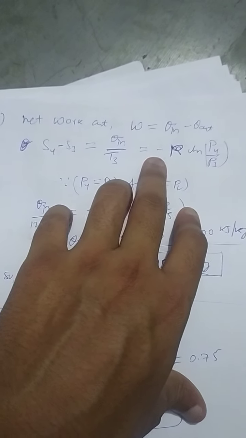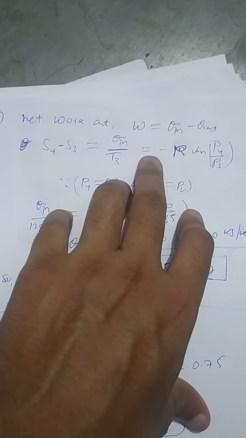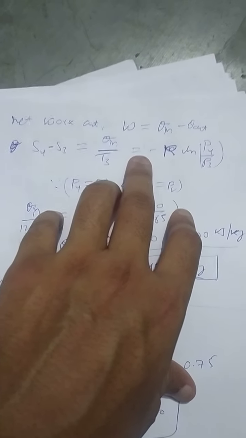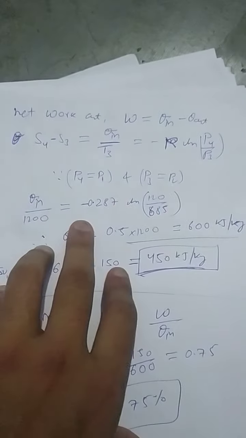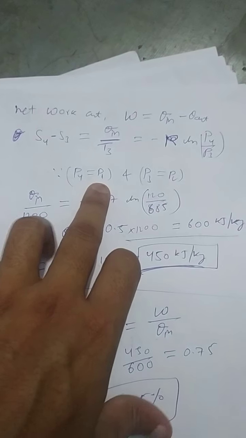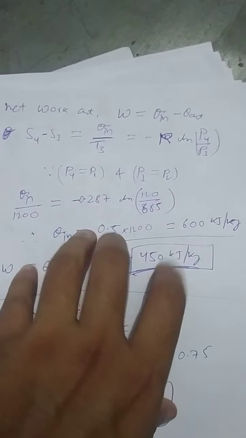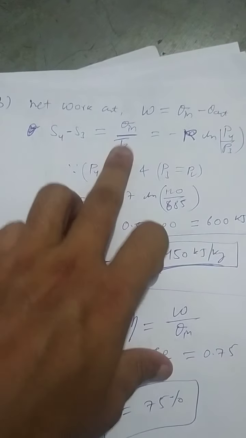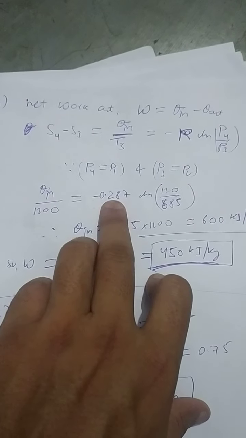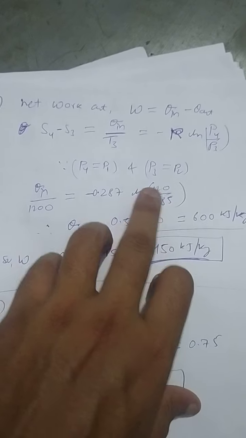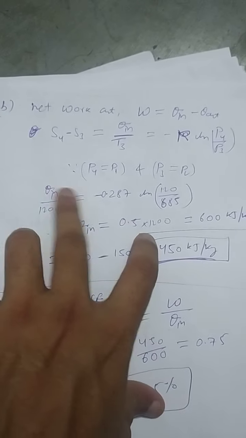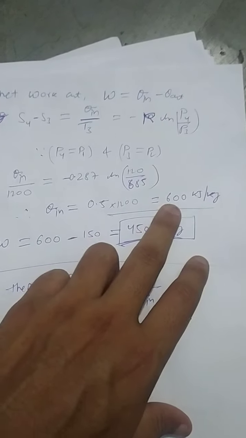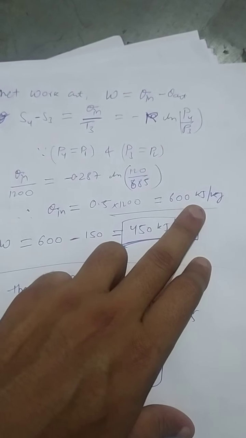I have neglected the temperature term because it is obviously going to be 0, as T3 is equal to T4. P4 is equal to P1, we know that. P3 is equal to P2, given. So putting in the values, T3 we know, R we know, both pressures we know. Q in, that is heat input, comes out to be 600 kilojoule per kg.